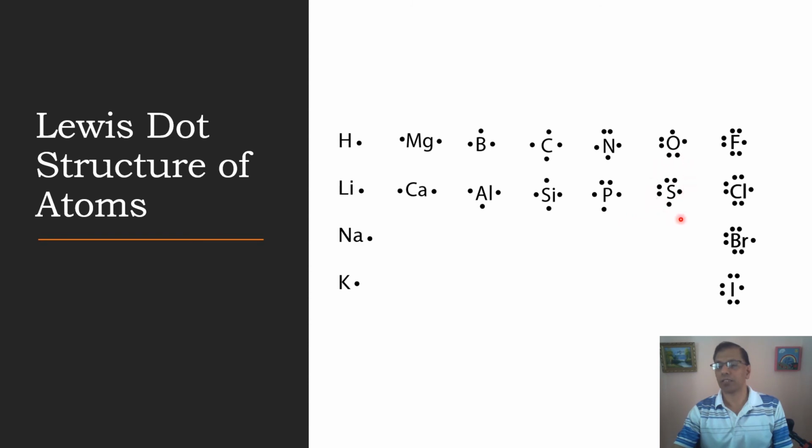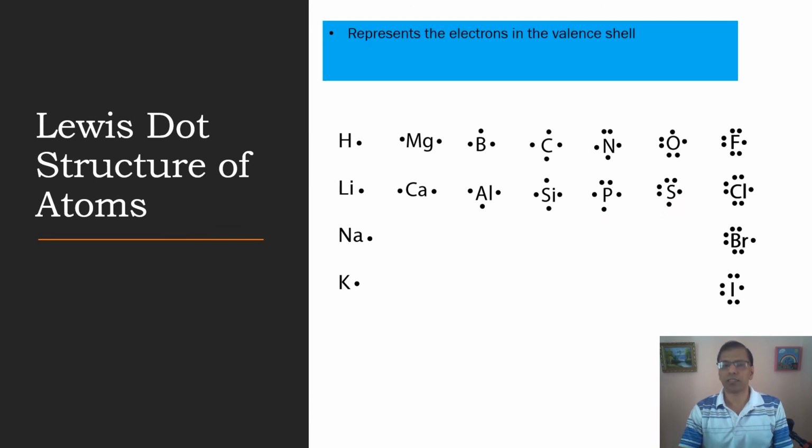In case of sulfur, there are only two unpaired electrons, but it can also expand its valence shell by hybridization, and so it can form more than two bonds. And we'll see examples for phosphorus and sulfur.